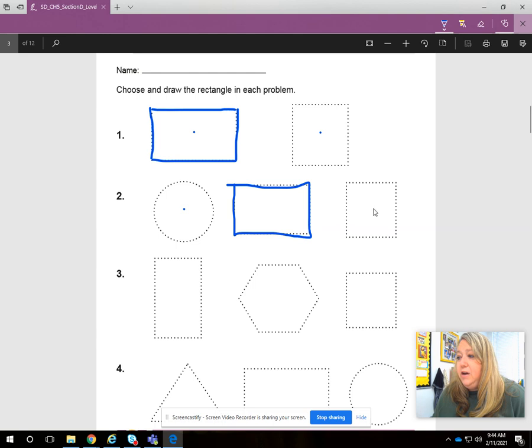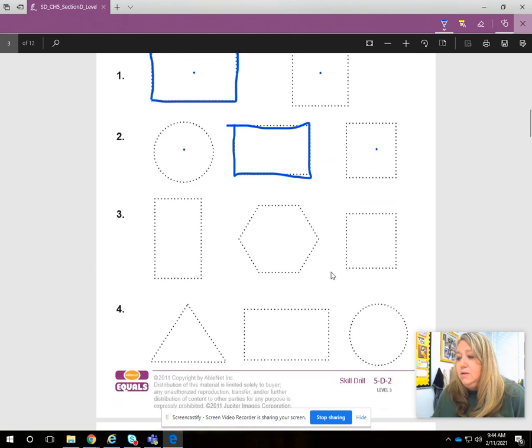And I know that this one is a square, so I'm not going to do that one. Number three, my rectangle has the two short sides at the top and bottom, and it has two long sides. This is a rectangle right here.